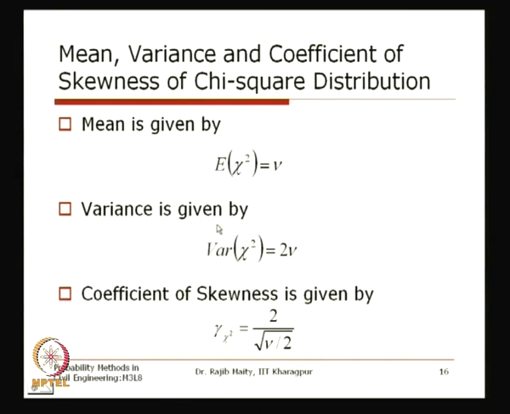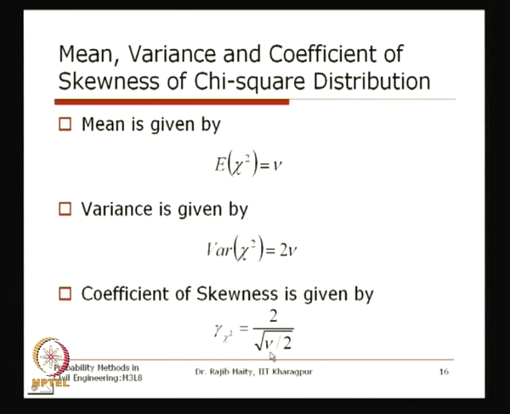The variance of the chi-square distribution is 2 nu, that is double the mean, and the coefficient of skewness is 2 by square root of nu by 2, so this is always positive. So the chi-square distribution is always a positively skewed distribution.